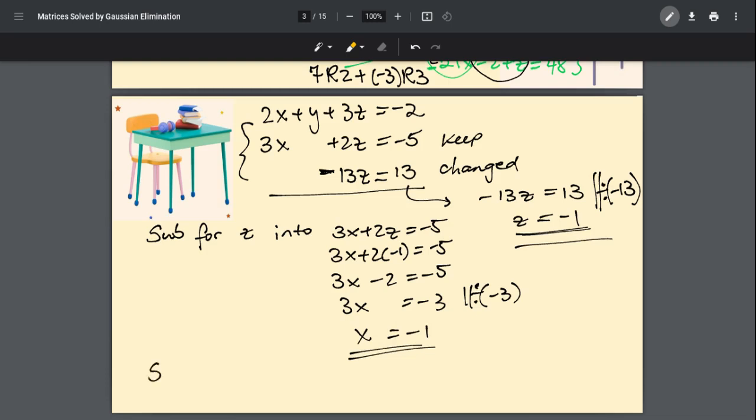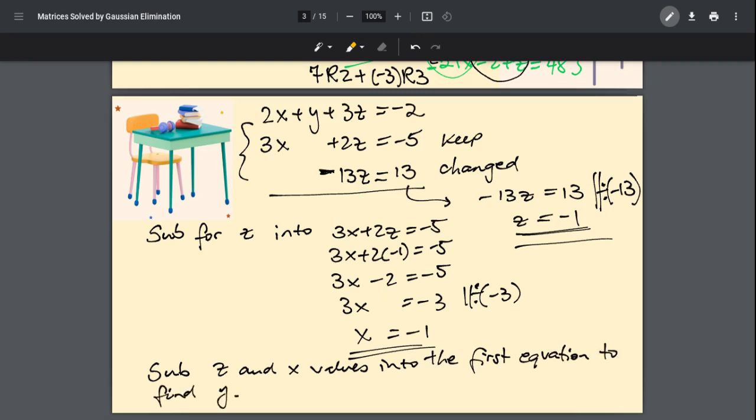So now sub z and x values into the first equation to find y.